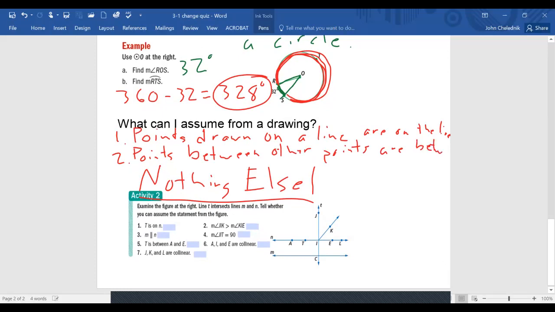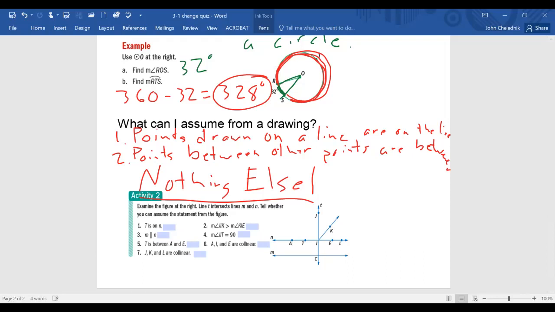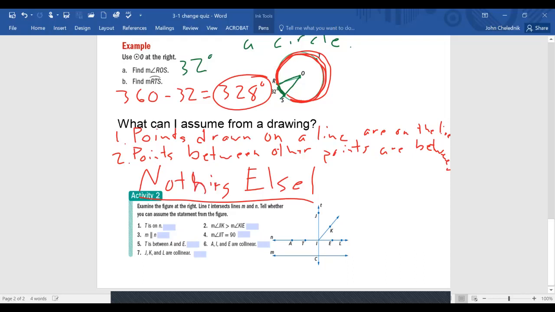Okay, they actually are. So if you see a point that appears to be between two other points, it actually is between those two other points. Okay, there's nothing else that you can assume from a drawing in geometry. Pictures are very deceiving in this subject.